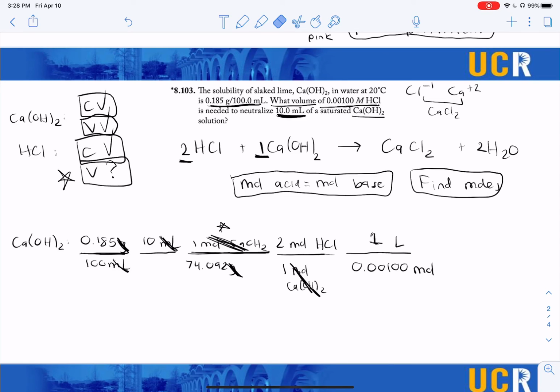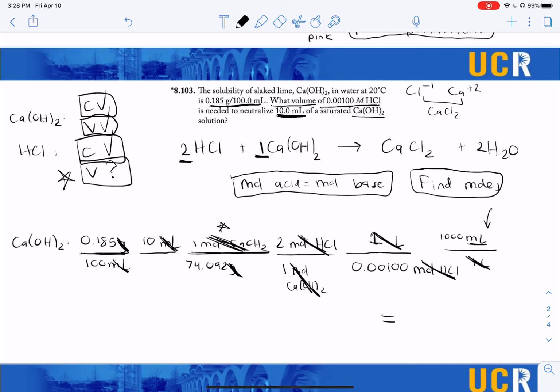Awesome. So now the moles of HCl cancel out right here, and now we're in liters, which is a volume. I'm going to actually convert to milliliters though, just to make it a bit easier. So for every 1 liter we have 1,000 milliliters.